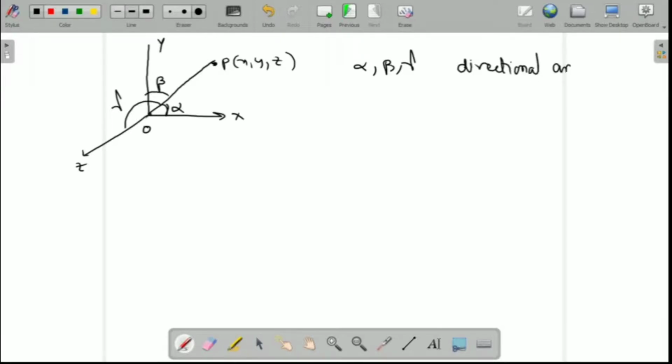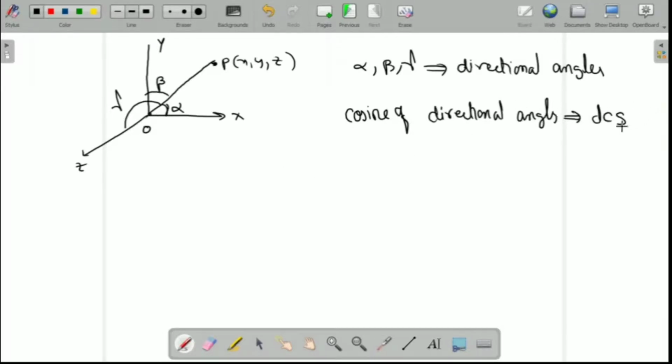Cosines of directional angles give DCs, direction cosines. So here DCs are cos alpha, cos beta, cos gamma. These direction cosines give the direction of a point with respect to the x-axis, y-axis, z-axis.